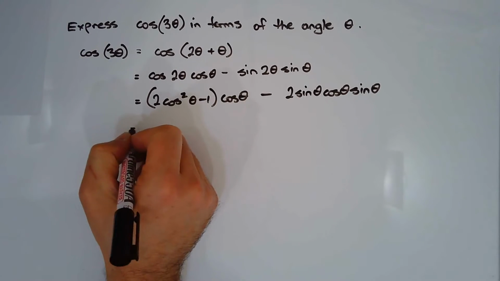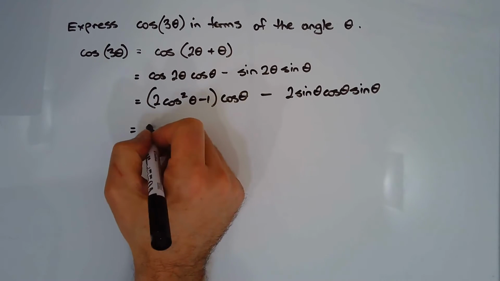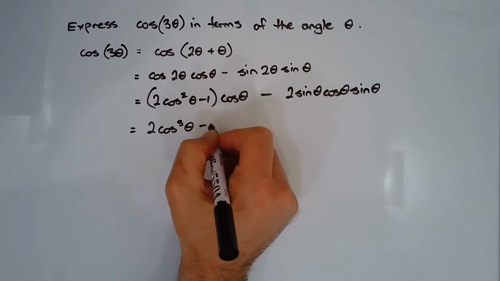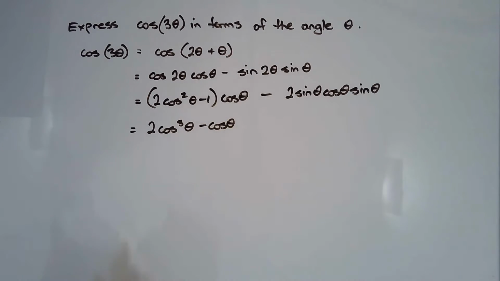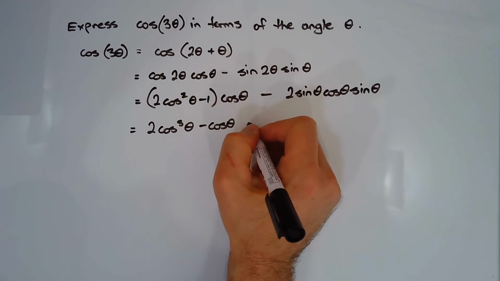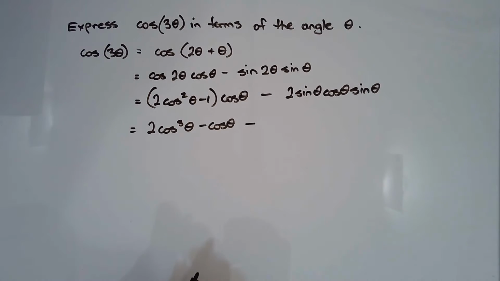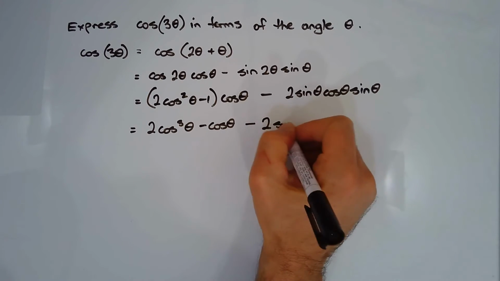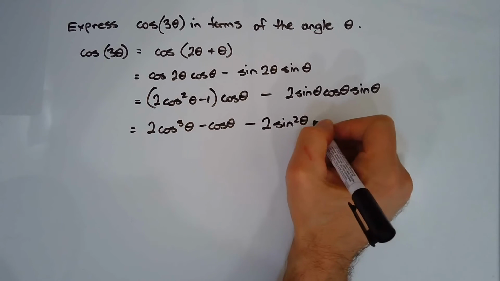So let's expand the first set of brackets there. So that's going to be 2 cos cubed theta minus cos of theta minus 2 sine squared theta cos of theta.